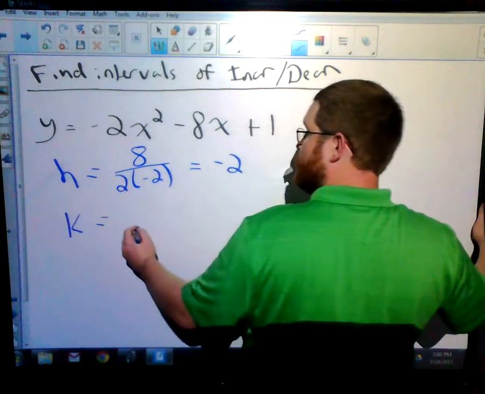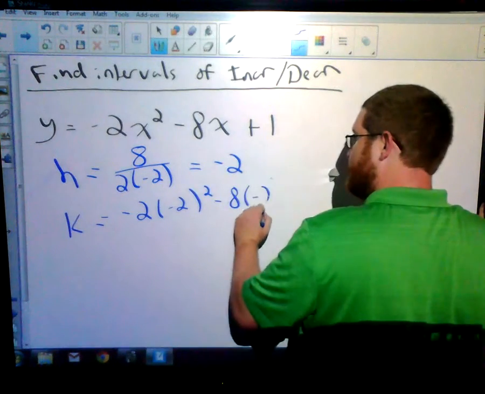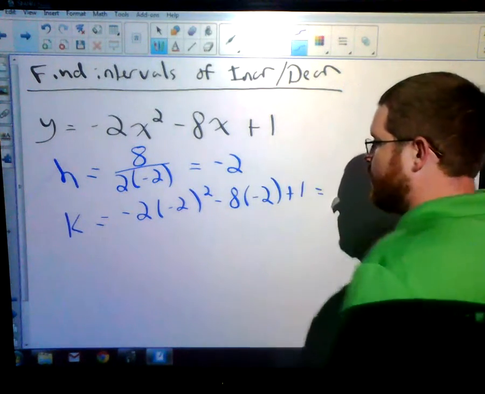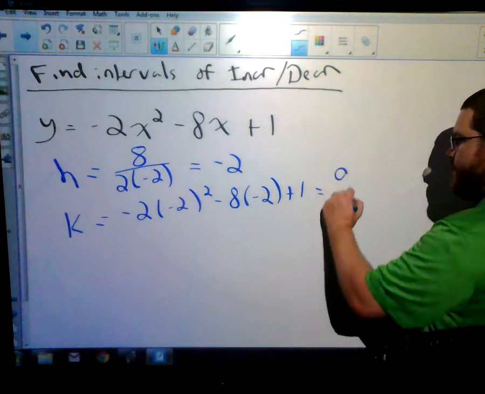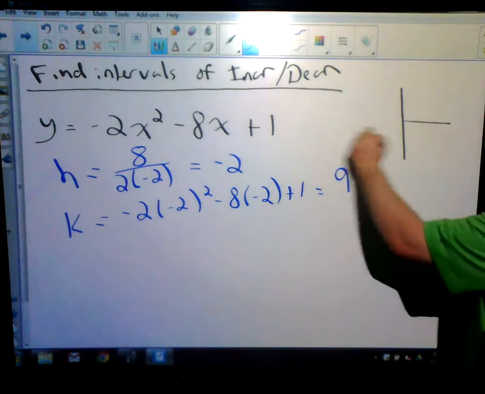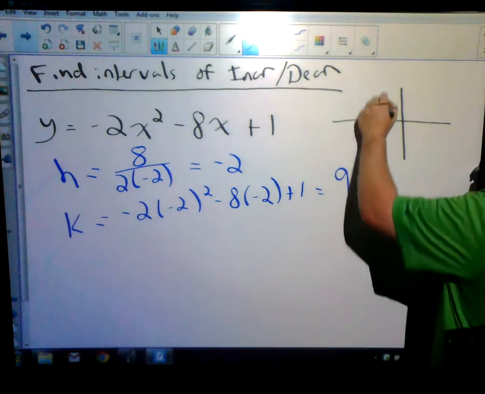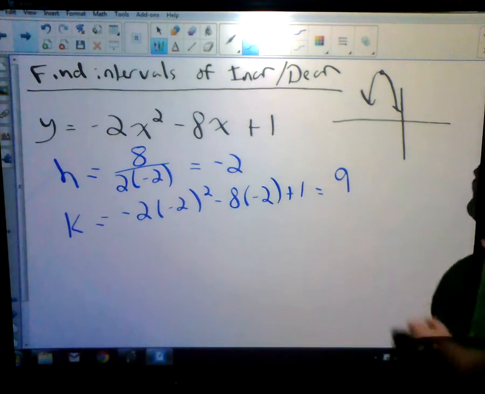K equals -2 times -2 squared minus 8 times -2 plus 1. 4, -8 plus 16 is 8, 9. So this parabola looks like this. It's got a vertex at -2, 9. And because it's negative in front, it goes down.